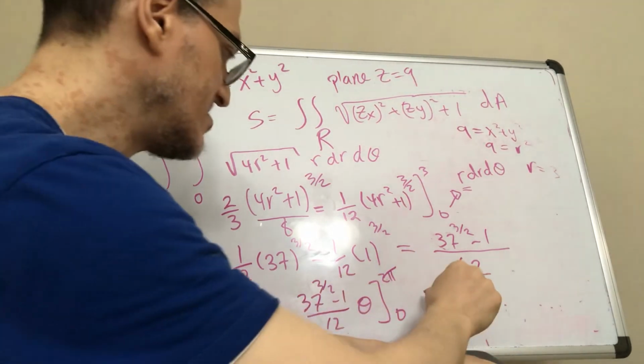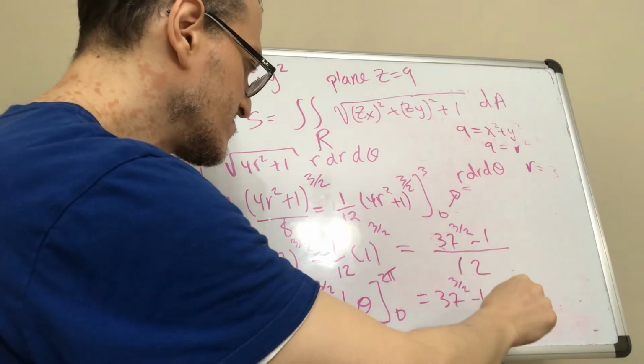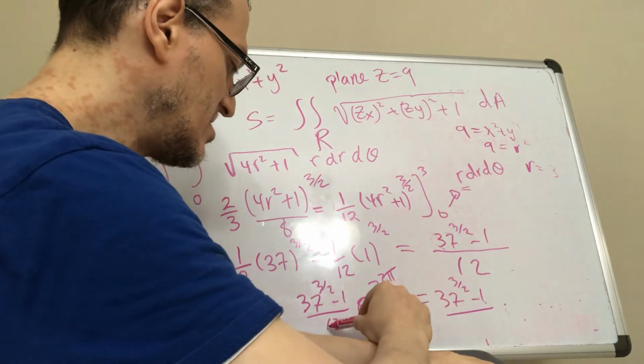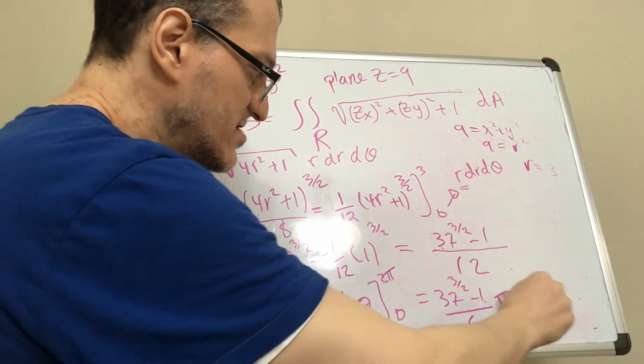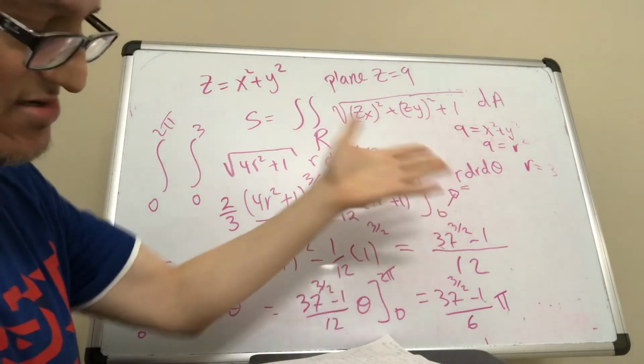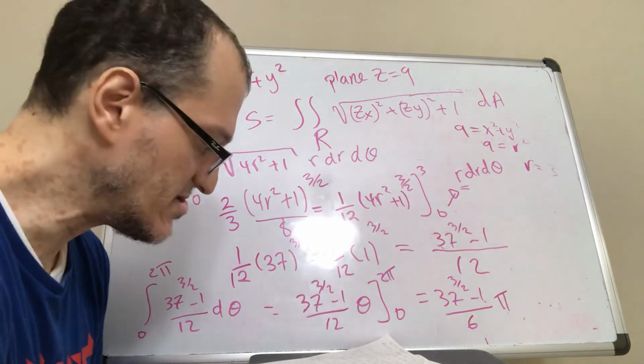Plug in the 2 pi, and 12 becomes 6, and here we put the pi, and the 0 would give you minus 0, of course, so that would be your final answer in this case.